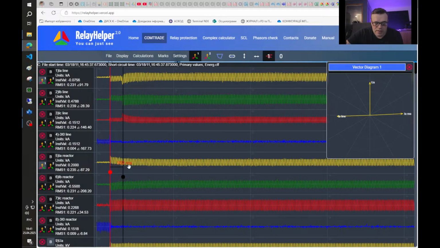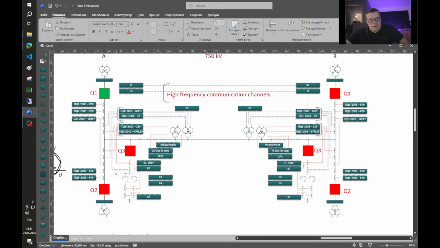If we need to de-energize a line at substation A side, operational staff enables sending a first signal through the high frequency communication channels, and while it opens circuit breakers, the first signal is also sent to the opposite end, and it automatically trips these two circuit breakers.